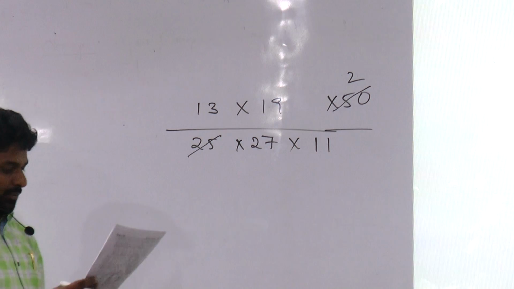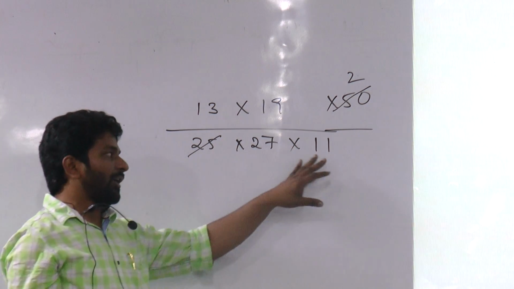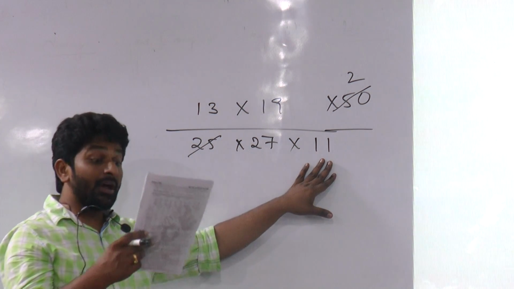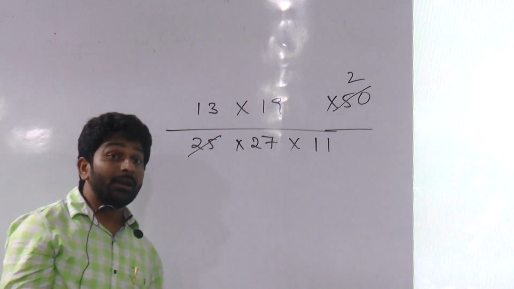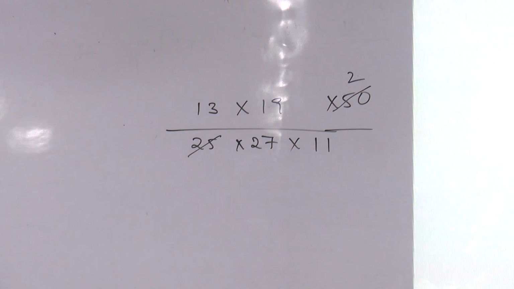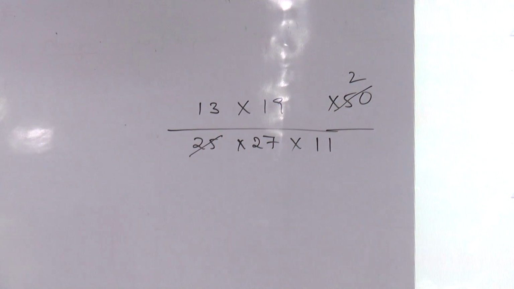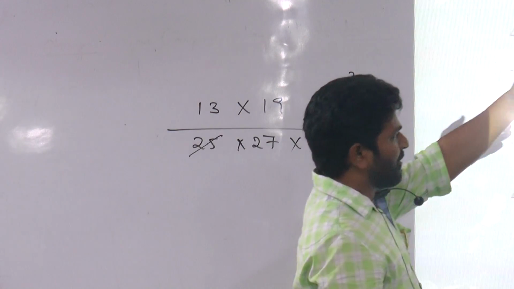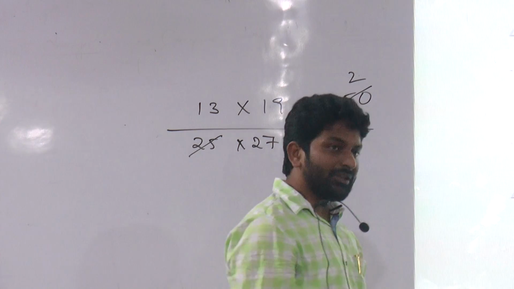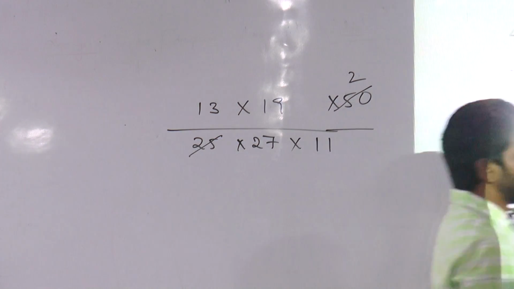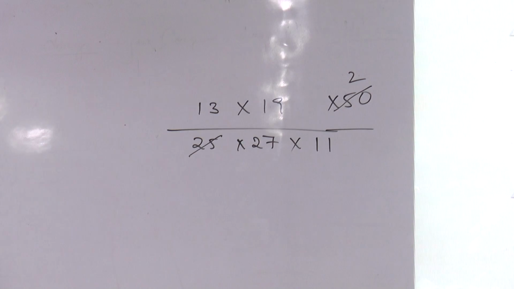Wait. No need to verify everything. In the denominator you have an 11 multiple. Denominator must be an 11 multiple. How many options do we have? Let's see. 4th and 5th. Let's verify the last digit here. Here we have 4 and here we have 2.